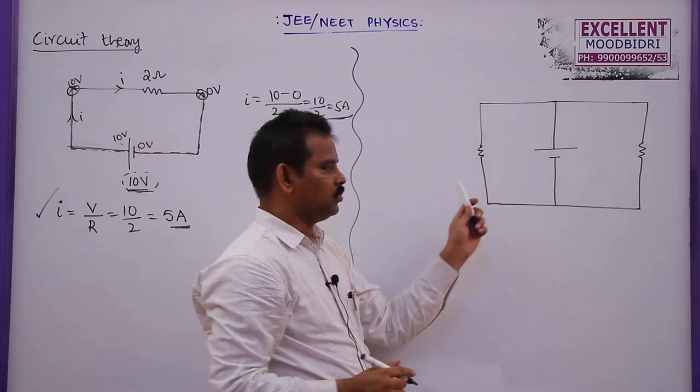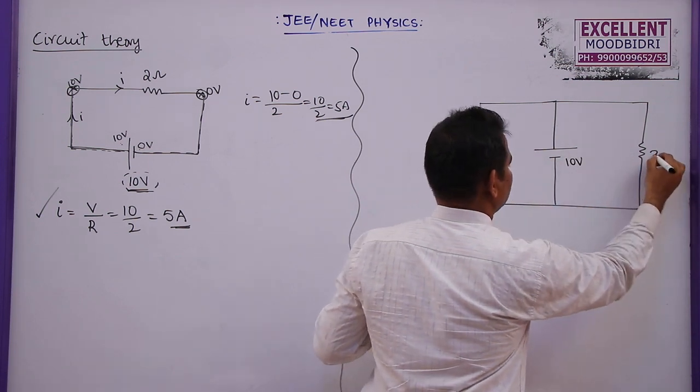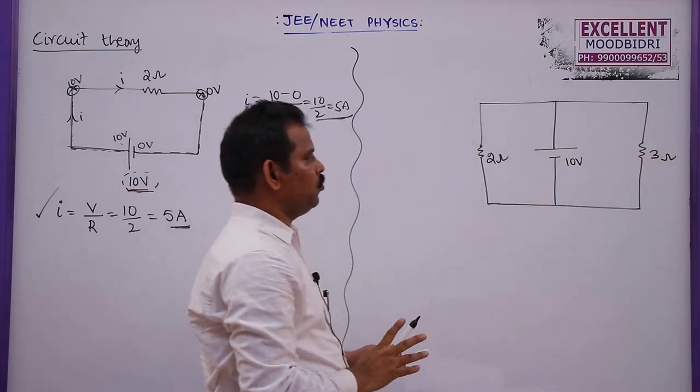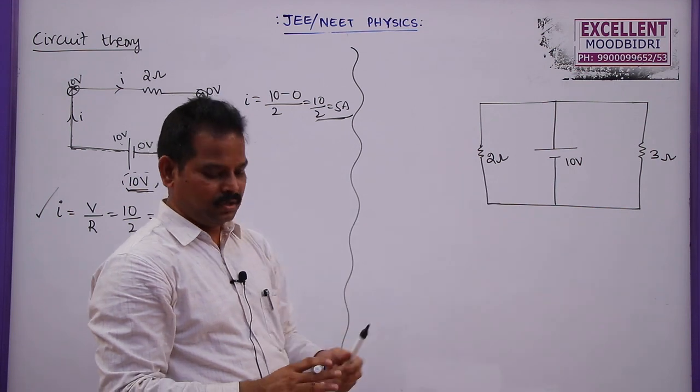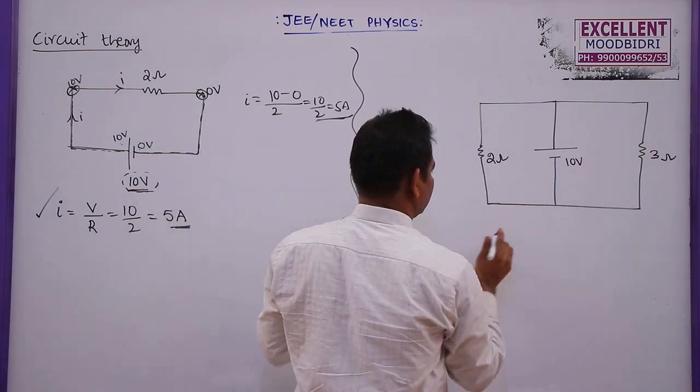So a little bit complicated circuit here. Let us say this is 10 volts, this is 2 ohms, this is 3 ohms. Now how to find the current through 2 ohms and 3 ohms? In this type of circuit I am going to use the same concept.